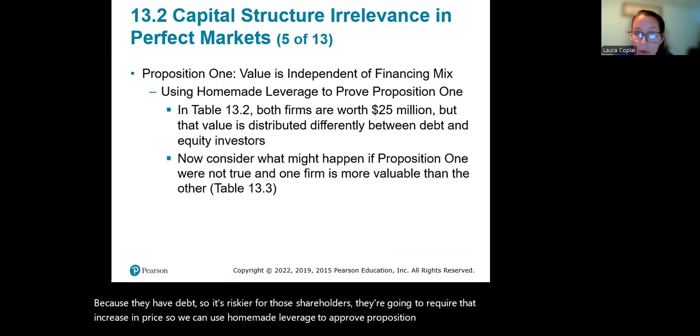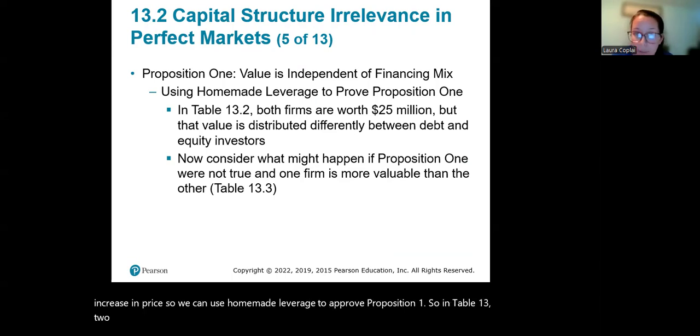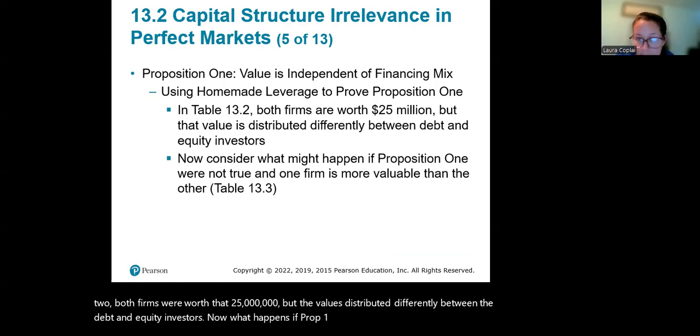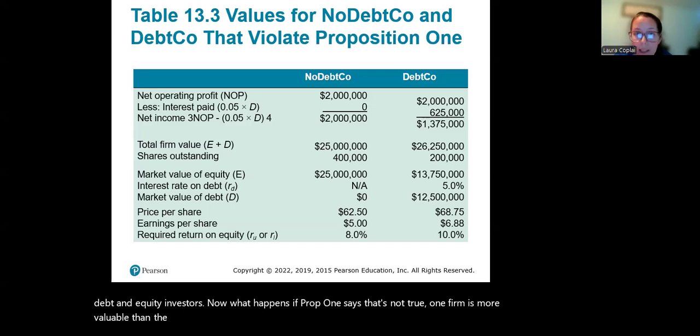So in table 13.2, both firms were worth that 25 million, but the values were distributed differently between the debt and equity investors. Now what happens if Prop one says that's not true, and one firm is more valuable than the other? So we're going to look at one that violates proposition one for M&M, right?